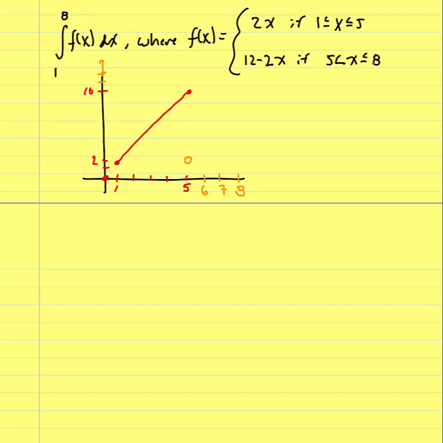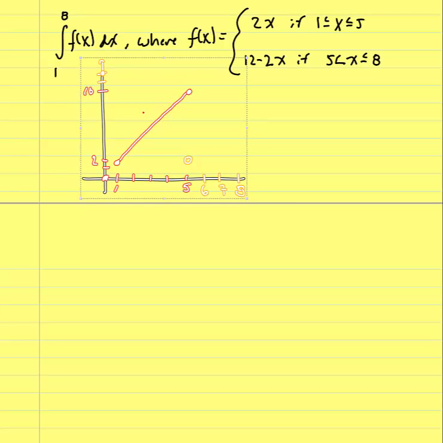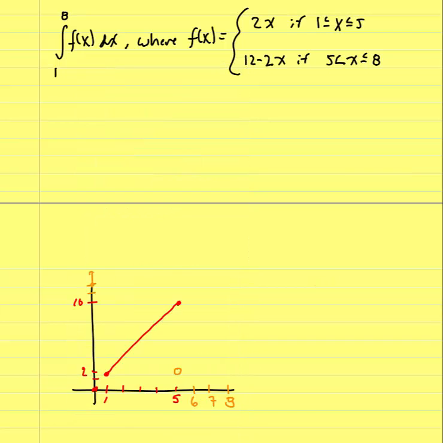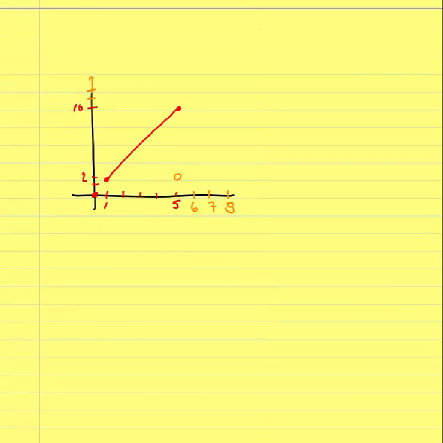Let's go ahead and plug in an 8 next. 2 times 8 is 16, 12 minus 16 is negative 4. So this is going to go down here to negative 4. And I guess I should have started my graph on the next page. So let's pull this down, leave plenty of room. So then I'm down here.